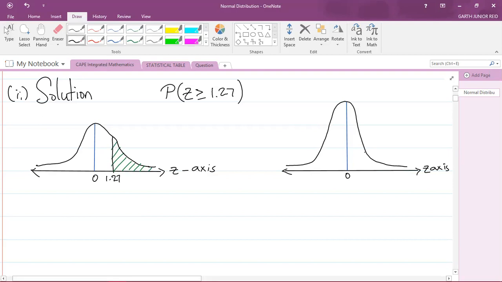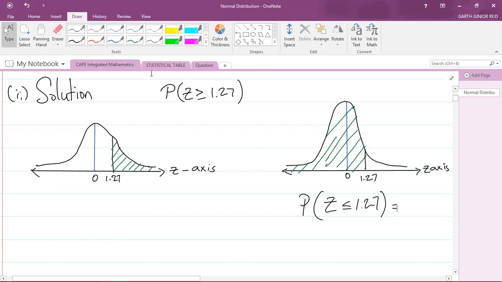Let us find the area to the left of that z value, meaning that if here is 1.27, let us find the probability or the area under the curve to the left of that z value there. All right, so I'm going to calculate the probability of z less than or equal to 1.27.